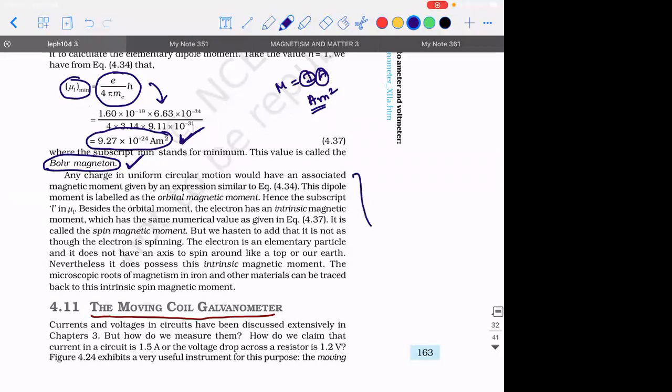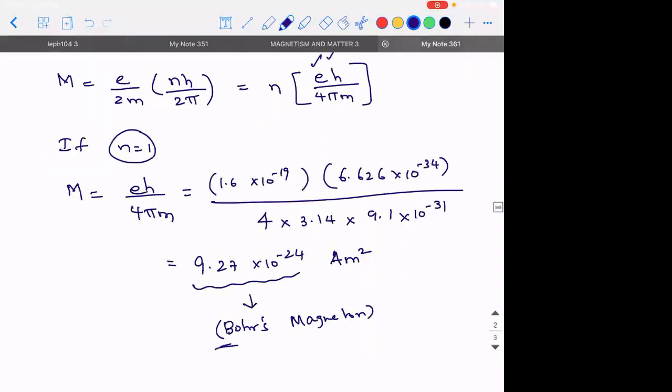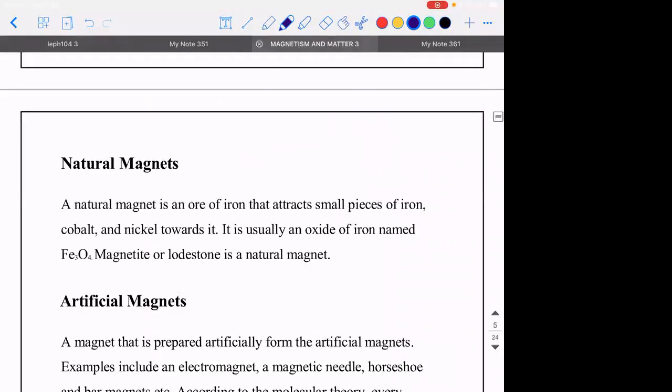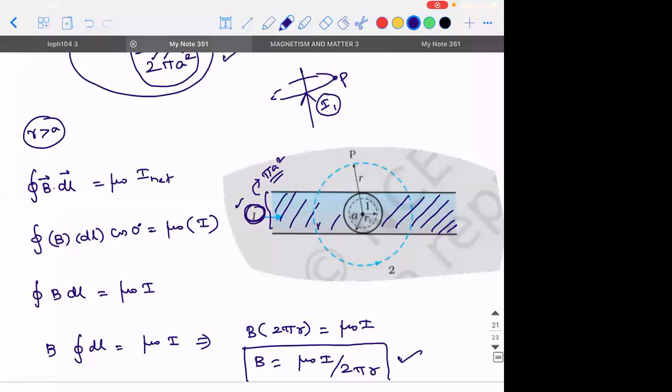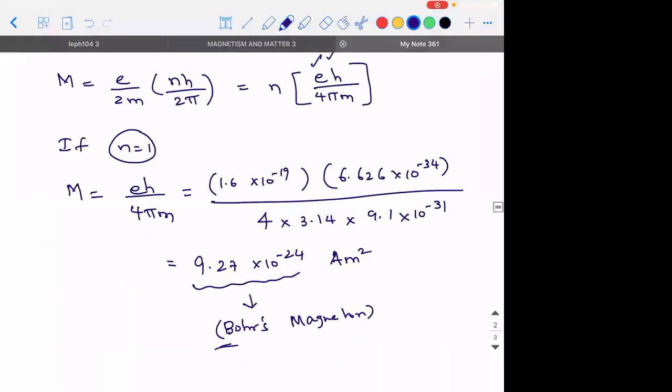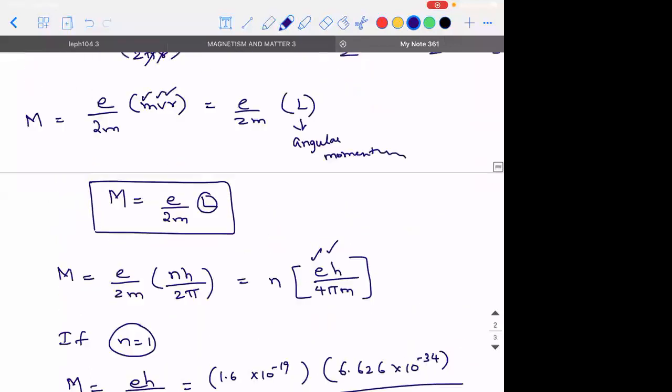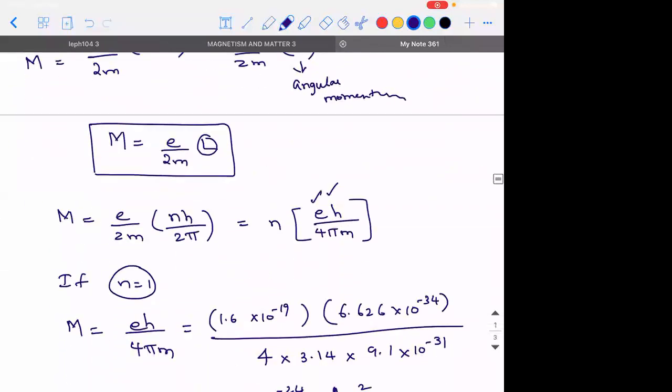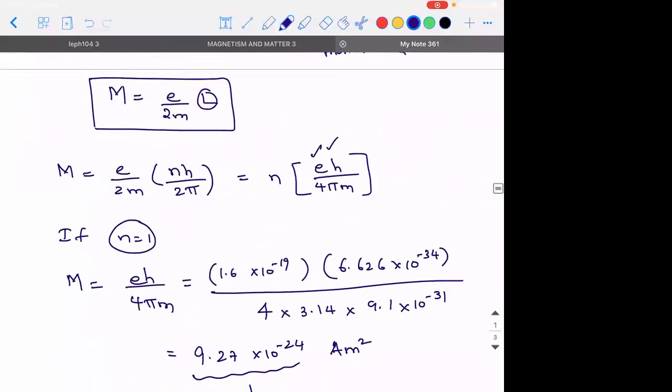And you would have learned in your chemistry about the directions in which the electrons spin, clockwise spin and anti-clockwise spin. This will help you understand the clockwise and anti-clockwise spin concept, based on which you can decide which material is paramagnetic, diamagnetic, or ferromagnetic in nature. I hope everybody has copied this. Any doubt? No doubts. Okay.